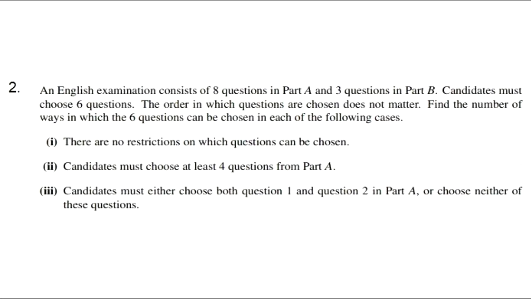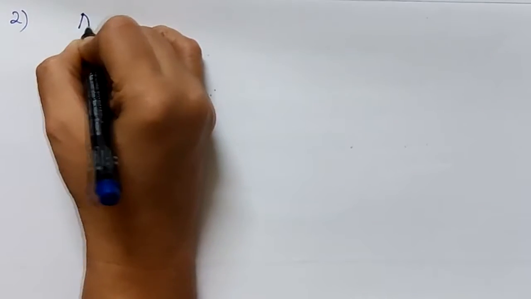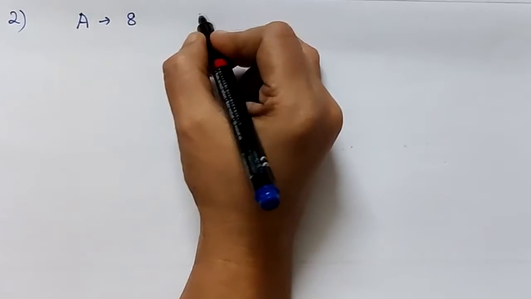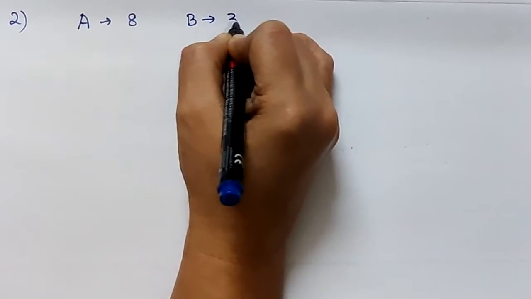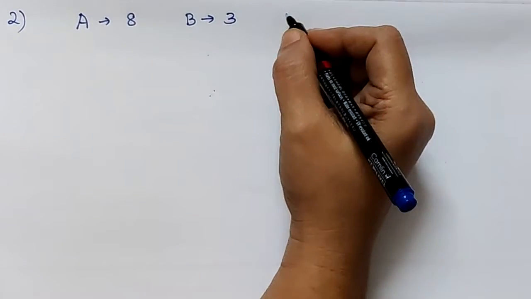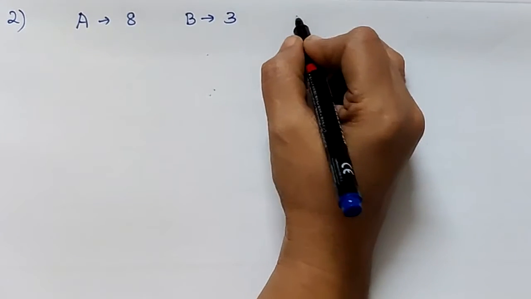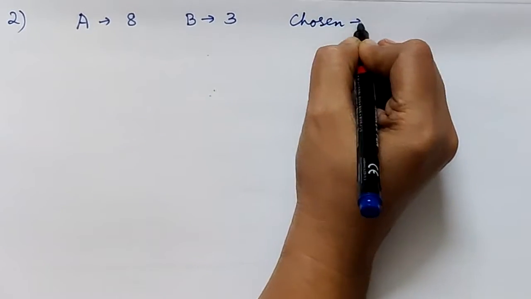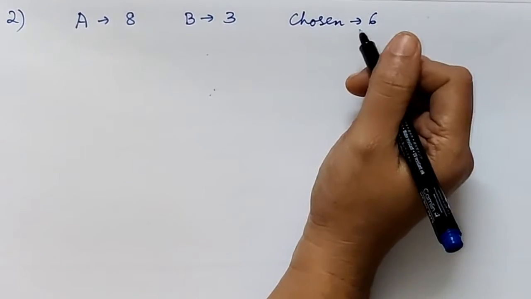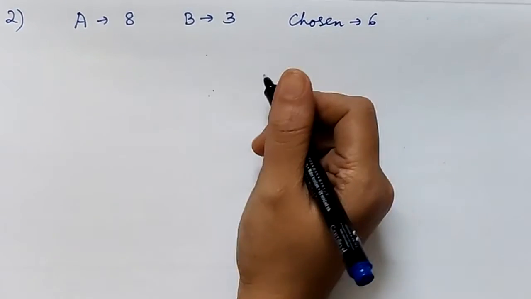The first part: there are no restrictions on which questions can be chosen. We'll go on reading the second and the third part later. Part A has 8 questions and part B has 3 questions. Candidates must choose 6 questions, so chosen questions are 6. The order in which questions are chosen does not matter.